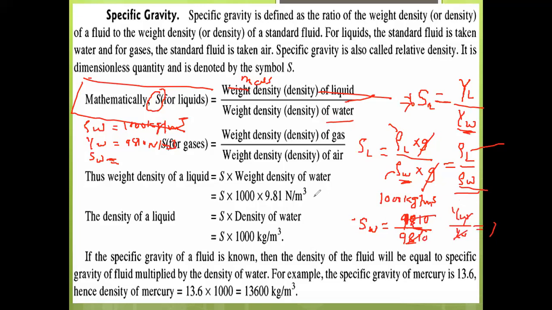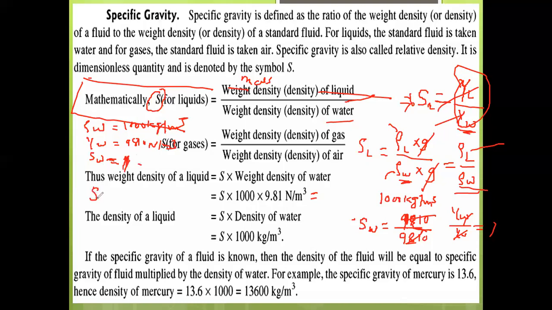Does specific gravity have a unit? It is unitless, correct. Because the numerator and denominator have the same unit, it gets cancelled and it will not have any unit. So the specific gravity of water will be equal to 1.